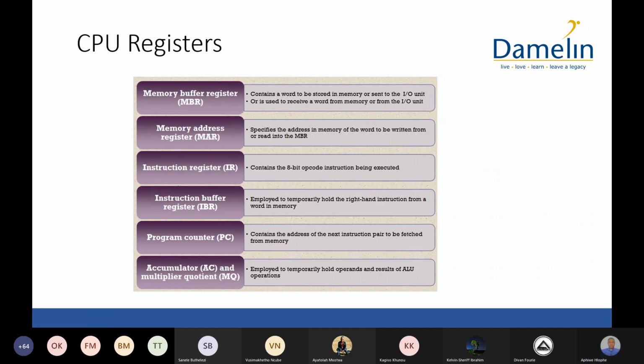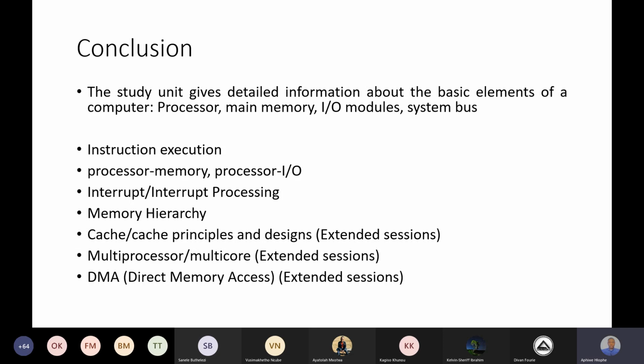In conclusion, in this lecture we had an overview of a computer system, and we covered instruction execution, processor and memory, processor input-output requests, interrupts and interrupt processing, the memory hierarchy, and cache and cache memory principles.